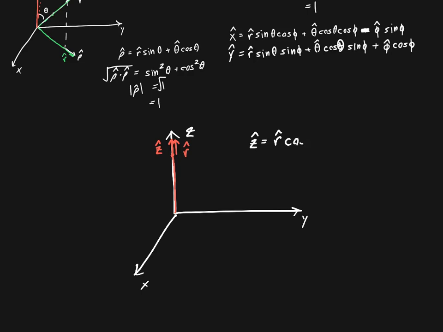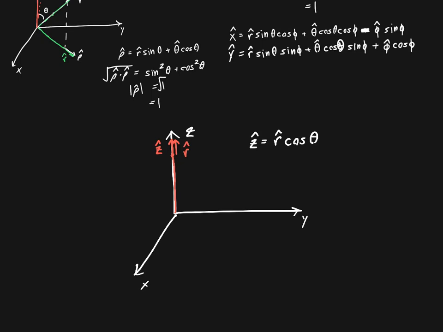That's just cosine of theta. And this is essentially the same exact way we've done it throughout the rest of the video. But this is clearly not the entire story. What about phi dependence? And this clearly isn't of magnitude 1 for all theta and phi.